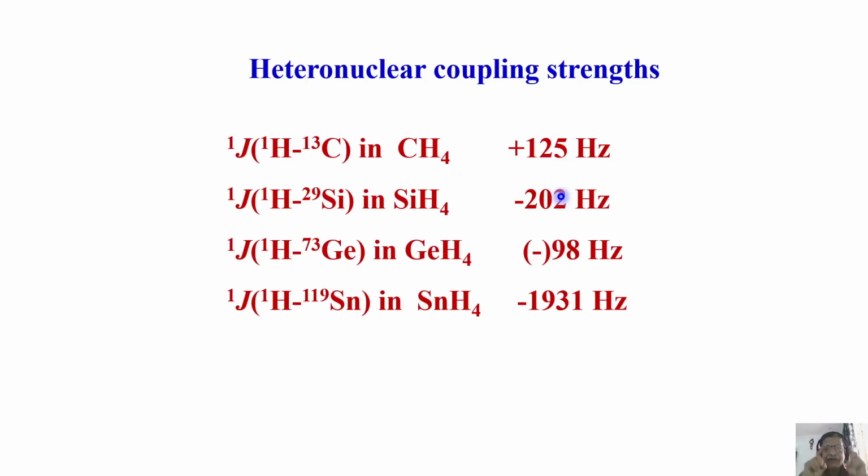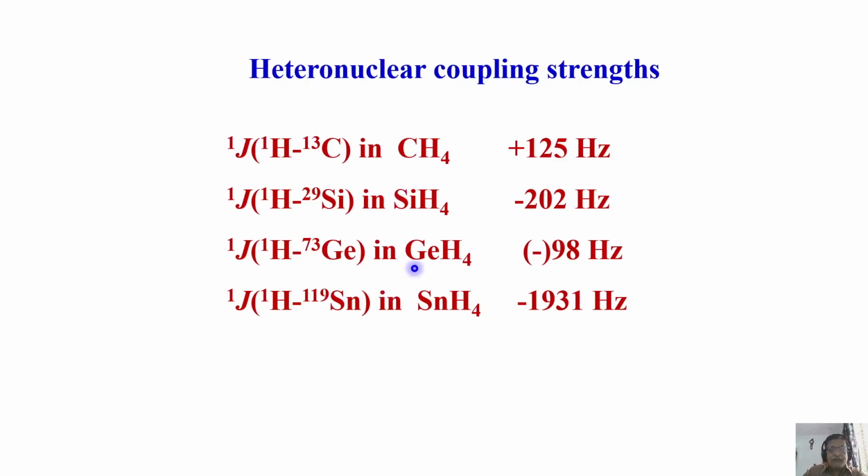In principle, you have to write 1JNH equal to minus 90 hertz because nitrogen 15 has a negative magnetic moment. Similarly, silicon has this one. Of course, sometimes even when two nuclei with positive gyromagnetic ratio can have a negative sign, that's a different question. I took this example of silicon because I know silicon 29 has a negative magnetic moment.